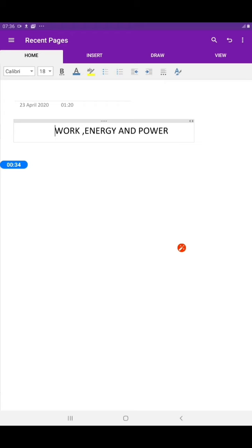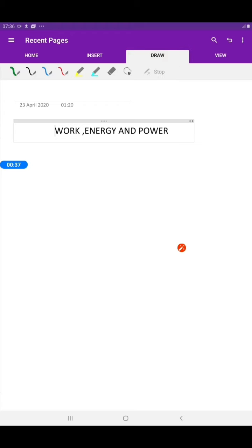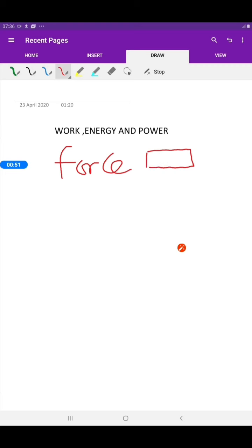Now, what is work? Work is said to be done when a force moves an object or a body through a particular direction. I say that again. Work is said to be done when a force moves an object through a particular distance, rather not direction, through a particular distance.